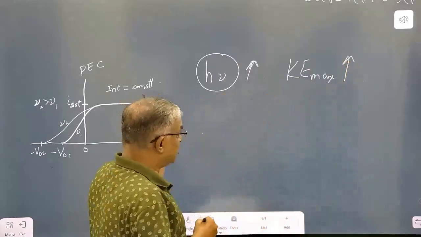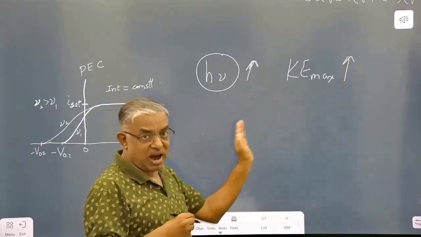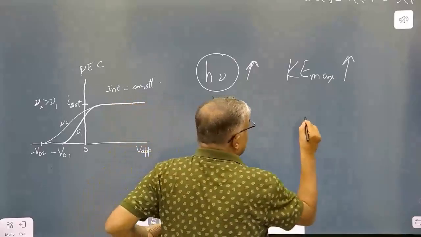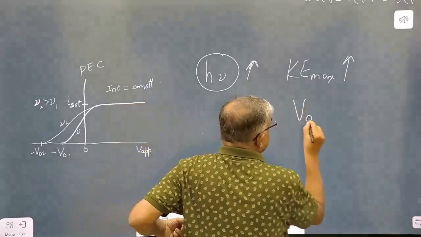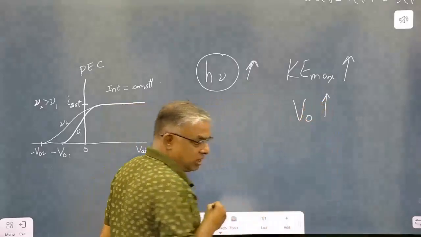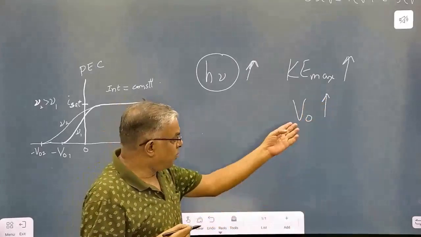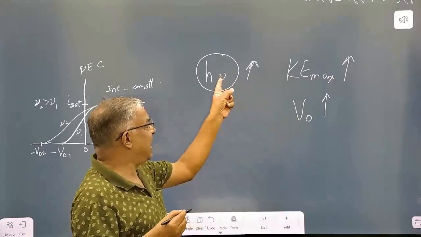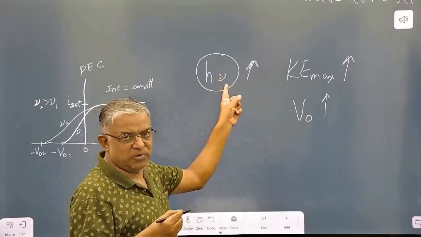And if the electron is emitted with a larger kinetic energy, to stop it, you need a higher stopping potential. So, stopping potential in a way is related directly to the frequency.